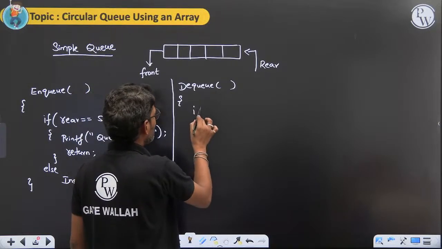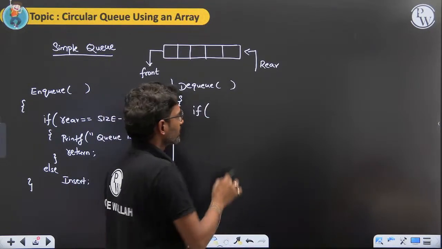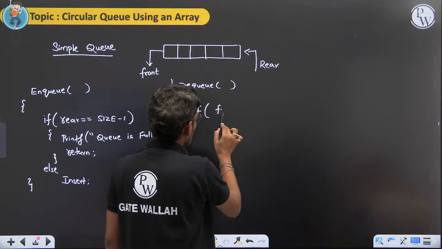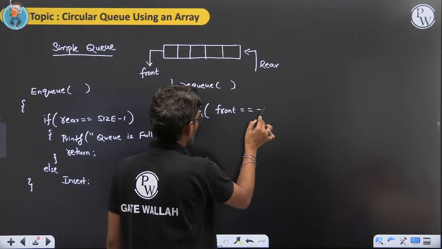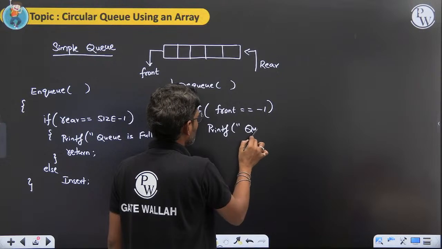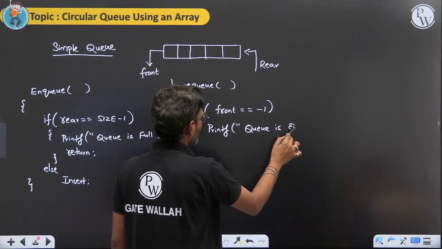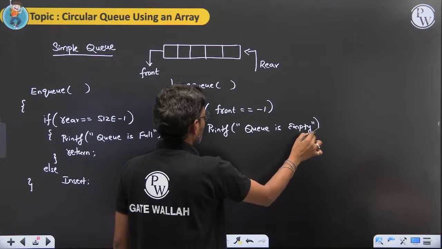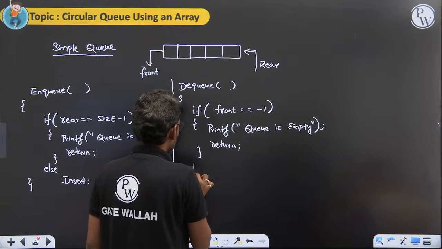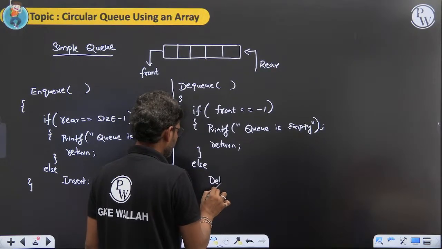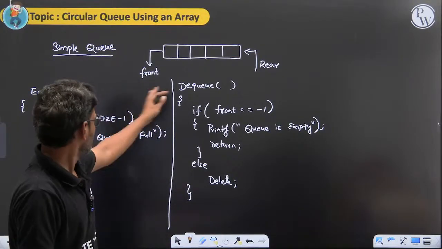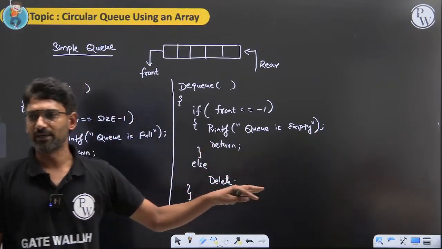Hence, we check for the underflow condition by checking if front is equal to -1, which confirms the queue is empty, and without deleting we simply return. Otherwise we perform deletion. This is the code we have implemented.